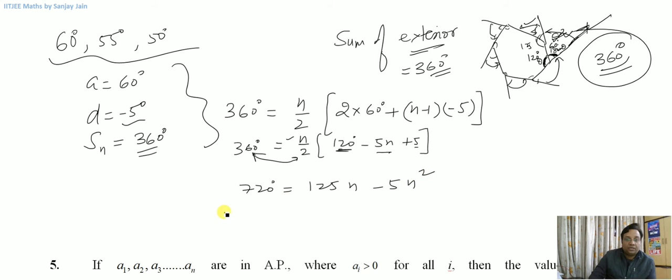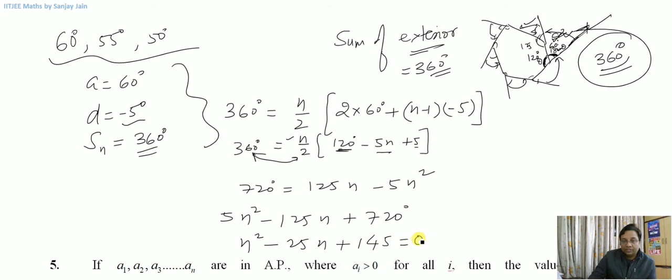So this will become a quadratic expression, 5n squared minus 125n plus 720. 5 obviously can be taken common, so n squared minus 25n plus 145 is equal to 0. So this is the quadratic that you have got.